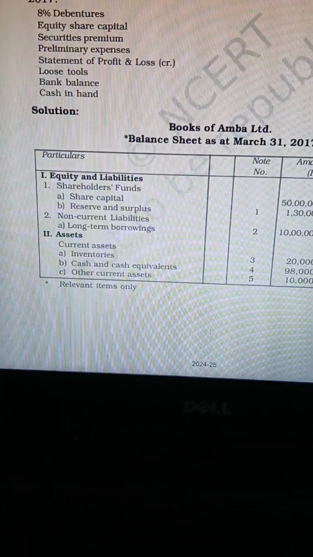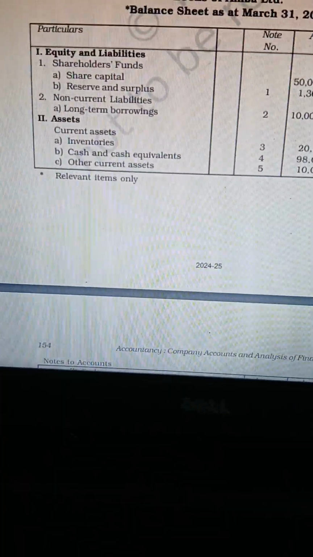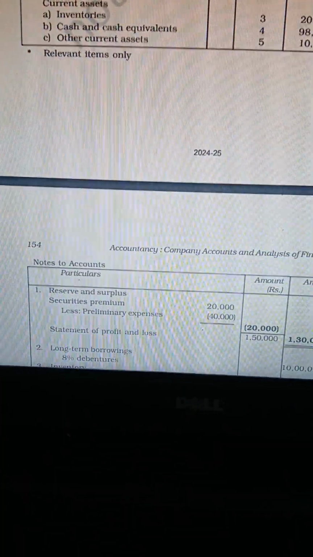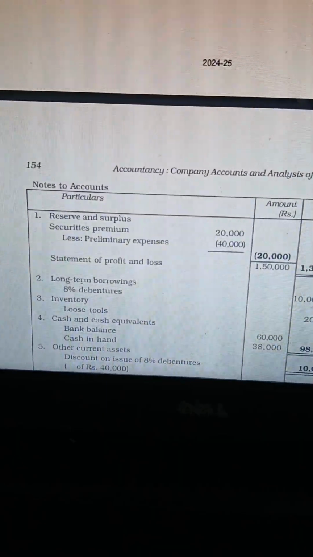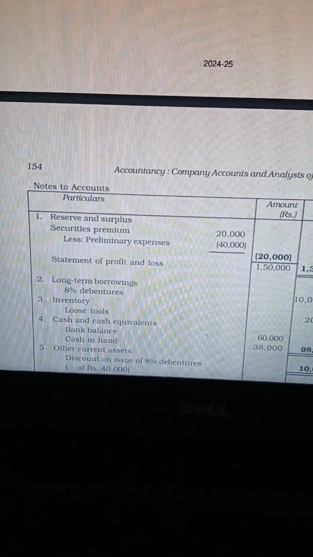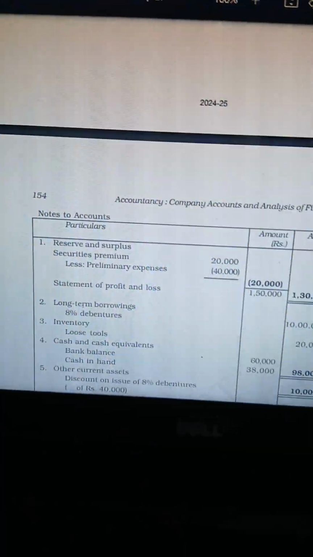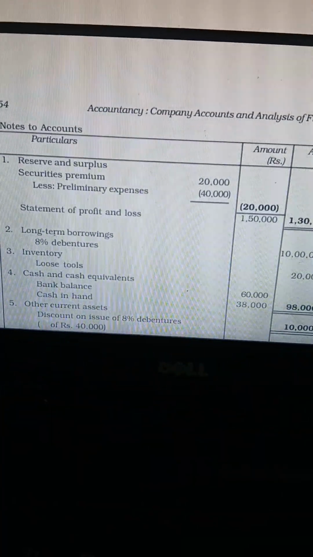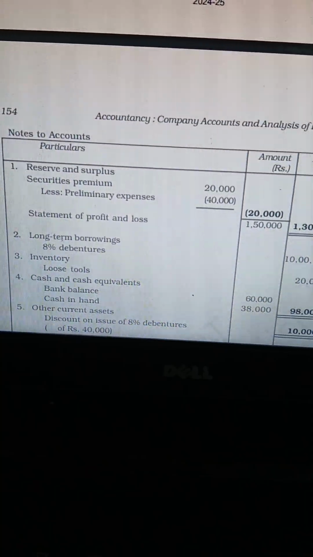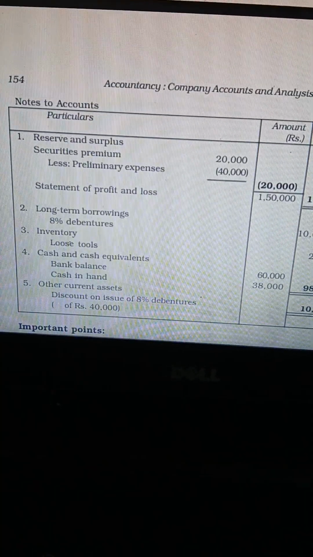So before preparing the balance sheet, we have to first make a note on accounts. So we have to write the heading as note to accounts. Then it is made in the form of a statement. So there will be two amount columns, one amount column for calculating, and the second amount column for showing the net figure.